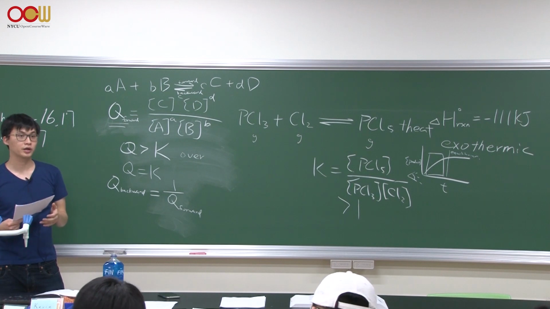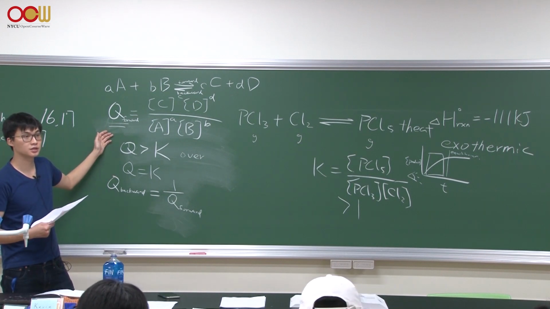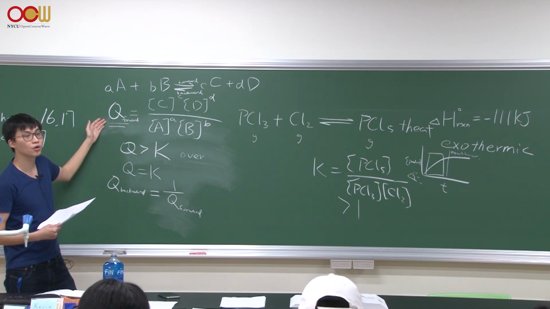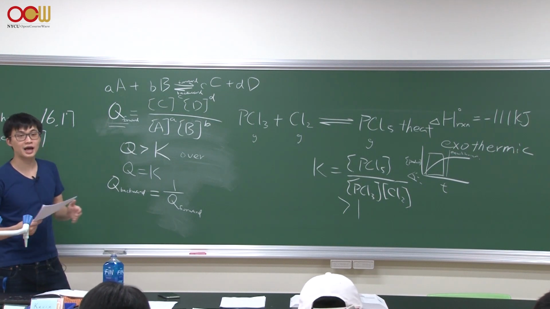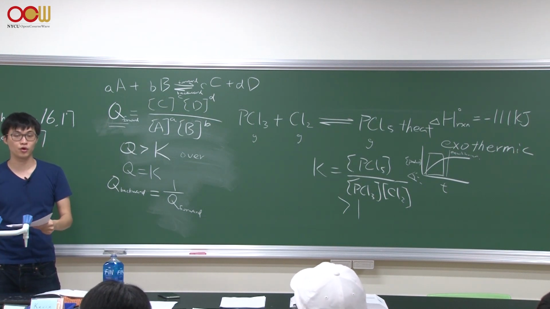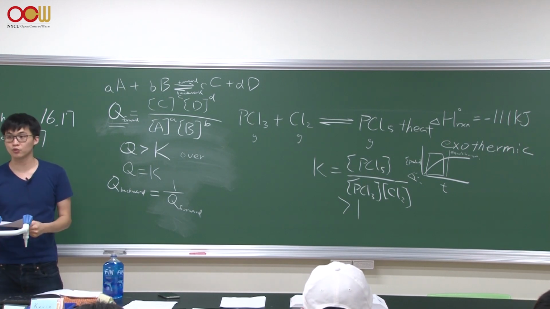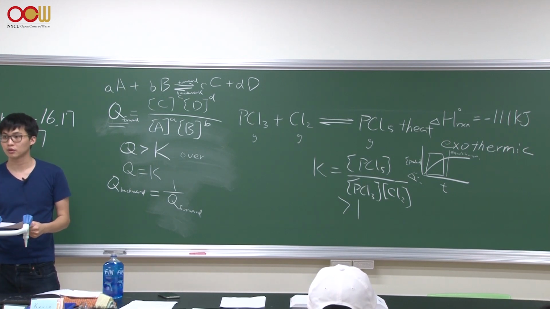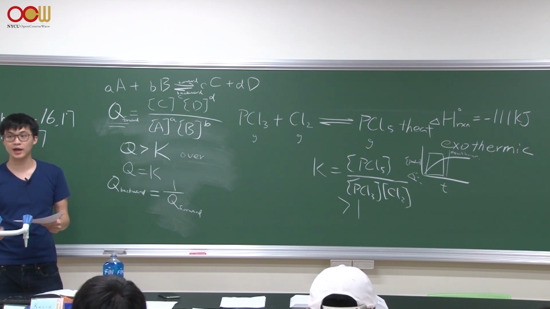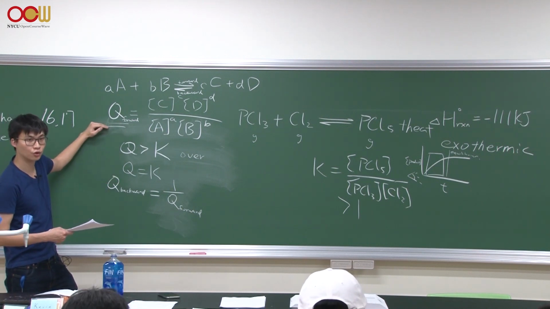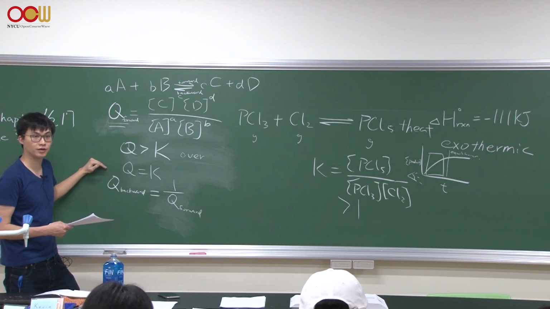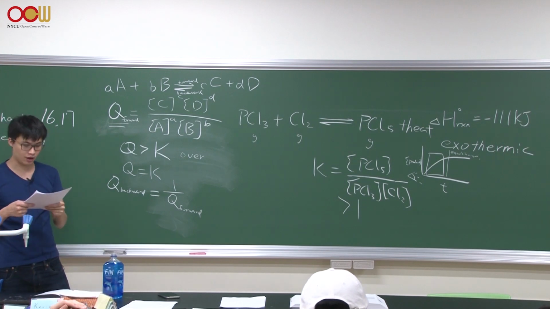But in our book, it says it has to be unitless, because when we are talking about Q, we always have a reference that we are looking at, okay? So when you have a reference, in the end, the unit will be canceled out, okay? That makes sense? So don't freak out if you don't see a unit when Q and K are given, okay? They all cancel out in the end, all right?